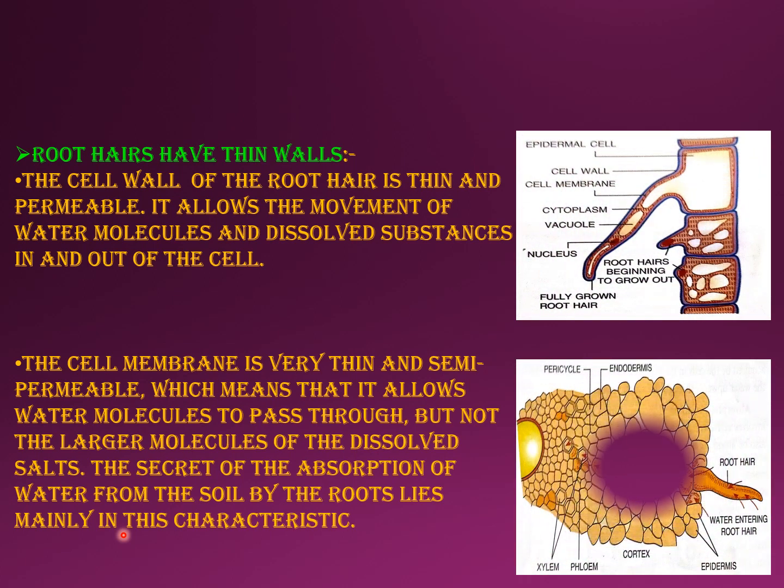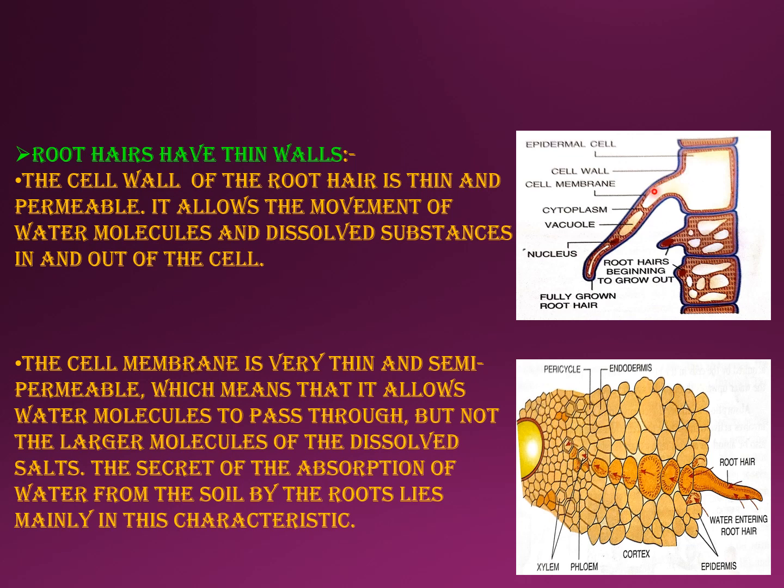Now, let me concentrate on the picture over here. You can see the figure, a single cell whose extension is this root hair. Now let us see this large, spacious structure which you see here; that is called the vacuole.